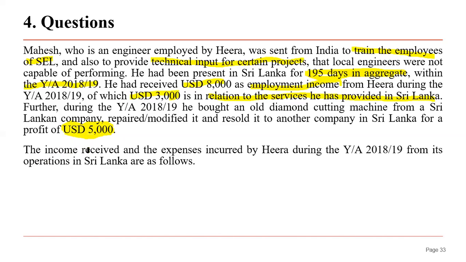Then the income received and expenses incurred by Hera during the year of 1819 from its operation in Sri Lanka are as follows. They have given income and expenses.